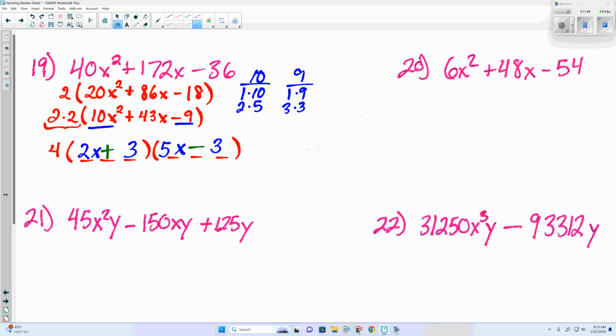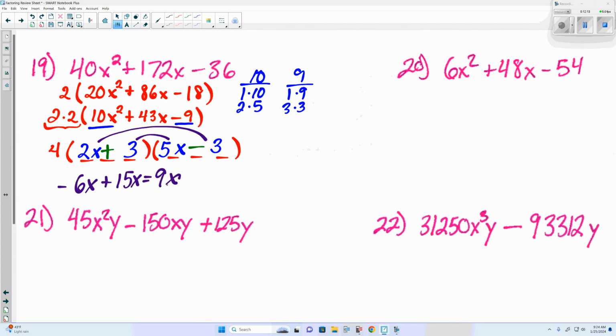3 and 3. Let's go with purple. And we can check this here. 2x times negative 3 is negative 6x. 3 times 5x is plus, and we're trying to get to 43x. So that there is a little bit off.